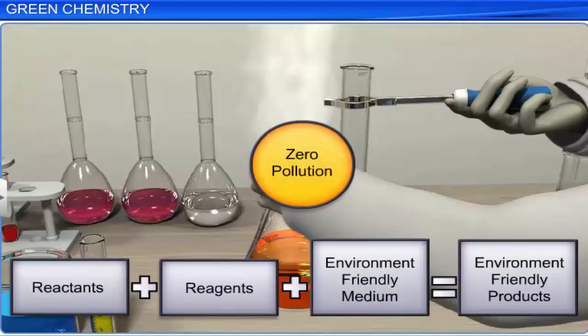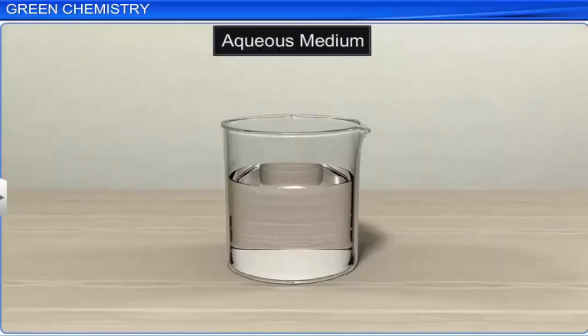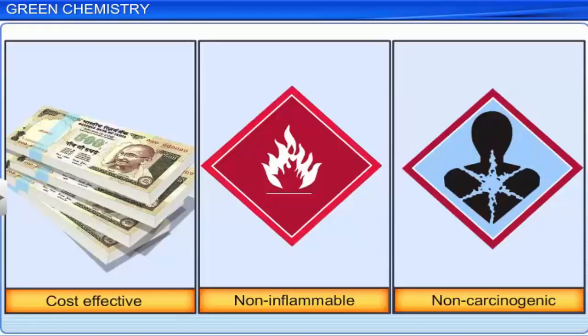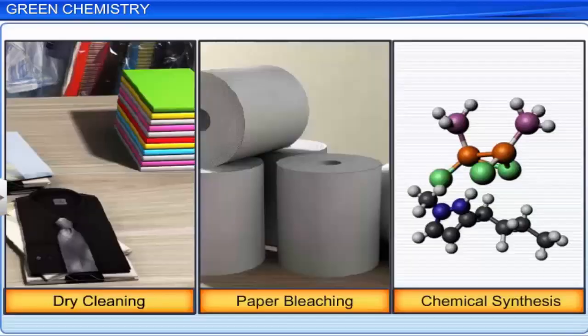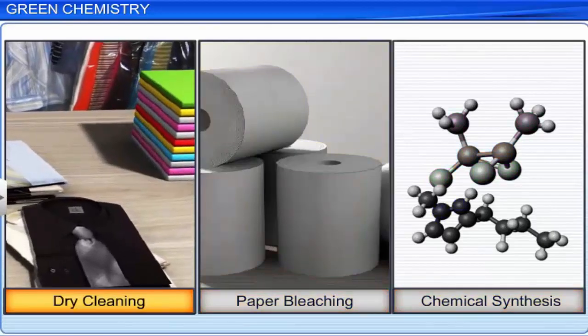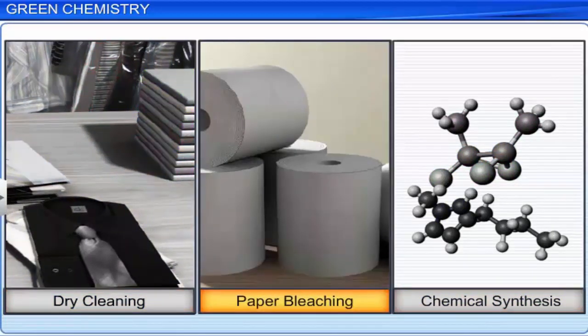Synthetic reactions can be carried out in an aqueous medium as water is cost-effective, non-inflammable, and free from carcinogenic effects. The use of green chemistry in our day-to-day life can be seen in dry cleaning of clothes, bleaching of paper, and chemical synthesis.